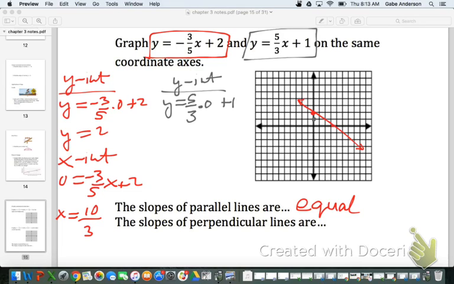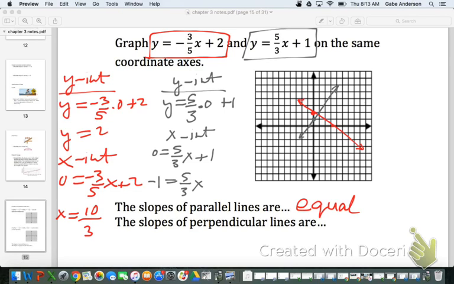Then the x-intercept: 0 equals 5/3 x plus 1, so negative 1 equals 5/3 x, and I get negative 3/5 for an x-intercept, between 0 and negative 1. I'm seeing that 90-degree angle showing up too. Does yours look something like that? Okay, good.